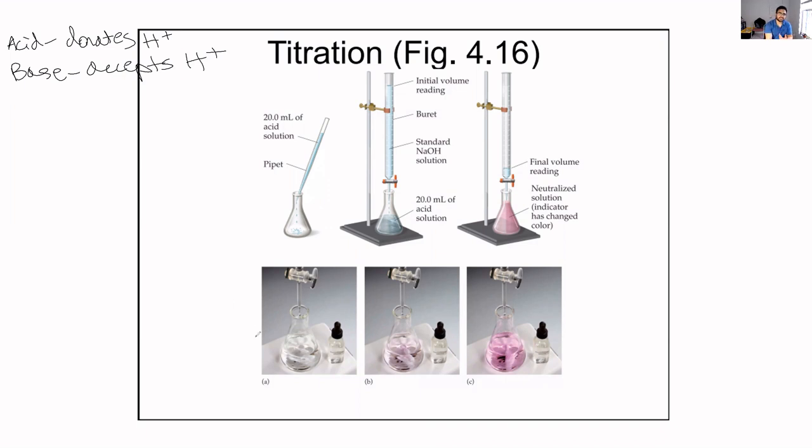So just a basic formula for how acids and bases react with one another: let's just say we have HA plus B negative turns into HB plus A negative.